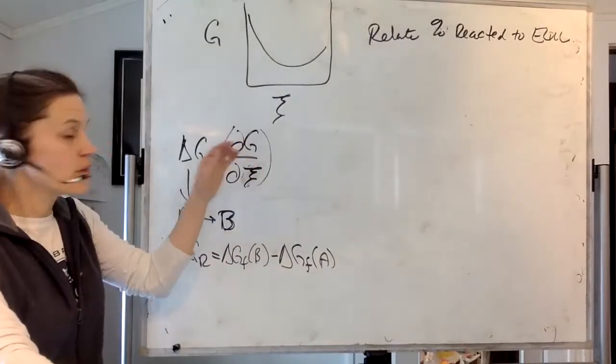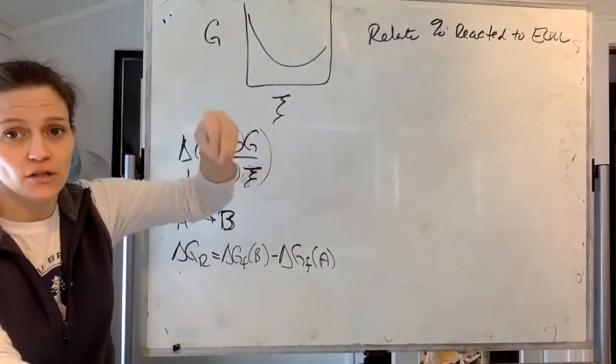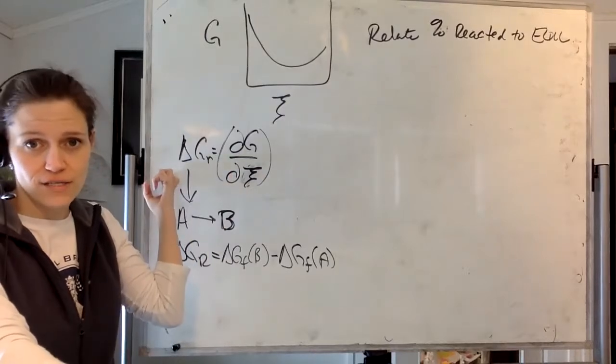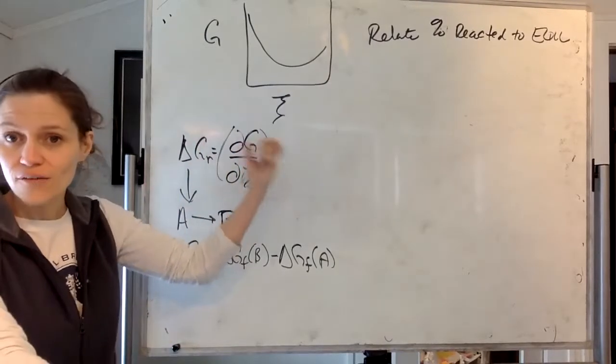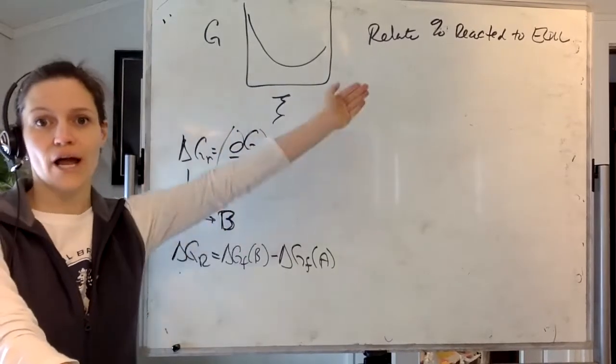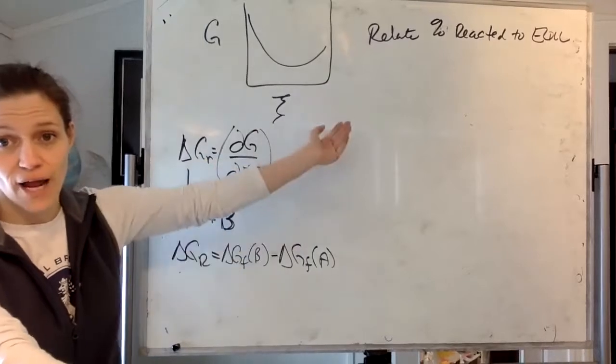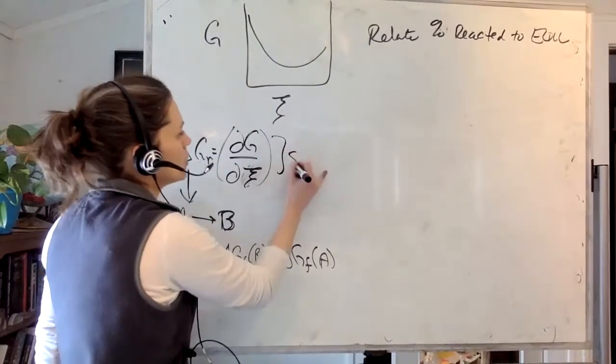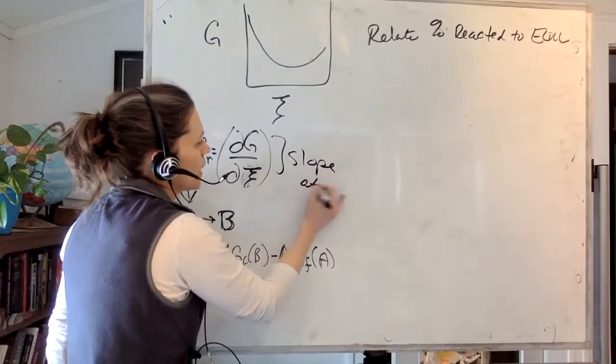Here, I'm talking about the Gibbs at that particular point. There's a certain quantity of energy, not the state function aspect, but the certain quantity of energy that you have along the reaction core, along the extent of the reaction. So this is equal to the slope at any point.